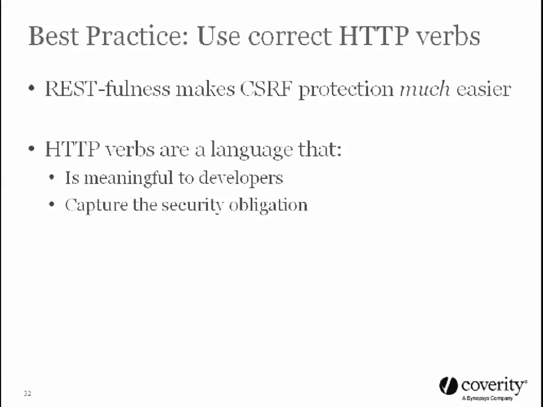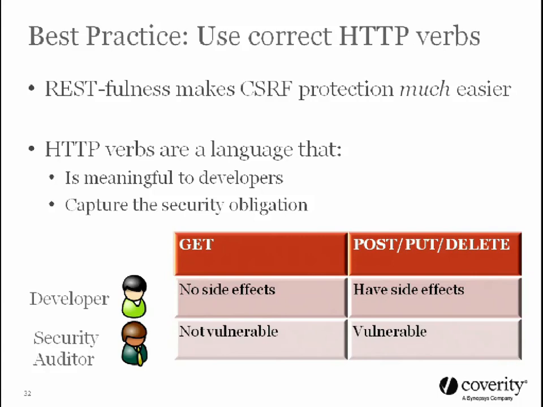Most developers know when you should use each one of them. And they also simultaneously capture the security obligation. A developer who sees a GET request knows that this is something you use for requests without side effects, something that's idempotent. POST, PUT, or DELETE are things you use for requests that have side effects or change your web application in some way.